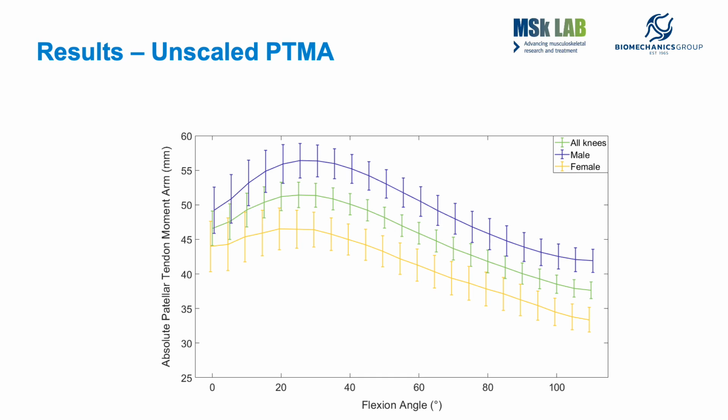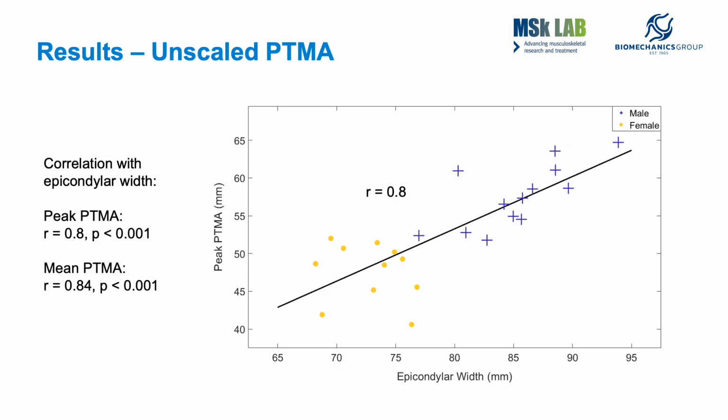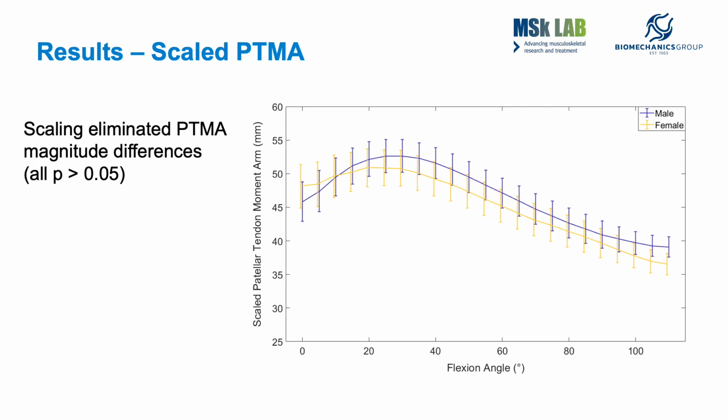The native PTMA increased during extension, peaking around 20 degrees, and then reduced until full extension. Before scaling, the male PTMA was significantly larger throughout extension. Knee size explained most of the variation in PTMA magnitude, demonstrated here by the high correlation between peak PTMA and epicondylar width. Size scaling eliminated all magnitude differences between the sexes, however shape differences were maintained.